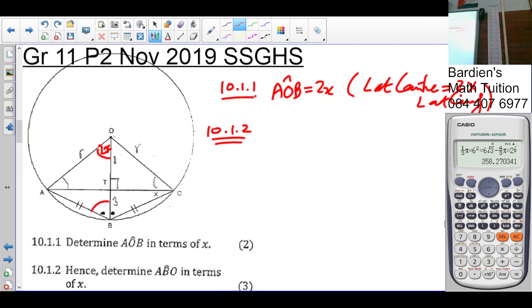So it's this angle, the other one, in terms of x. Is this 90 here? Is that given 90?